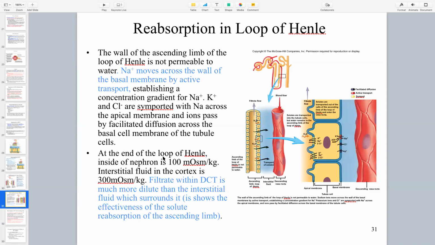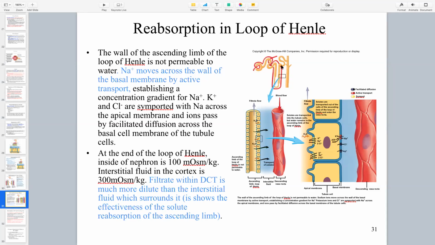At the end of the loop of Henle, inside the nephron, there is an osmolarity of 100 milliosmoles. Meaning that at the very start right here, we were at 1,800 milliosmoles per liter. At the very end, it's at 100.